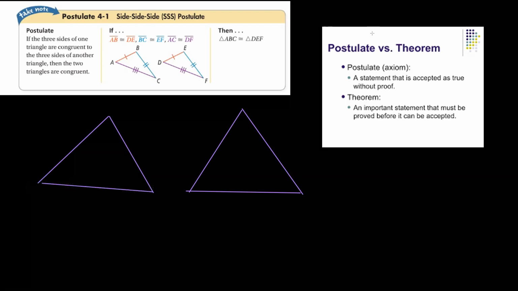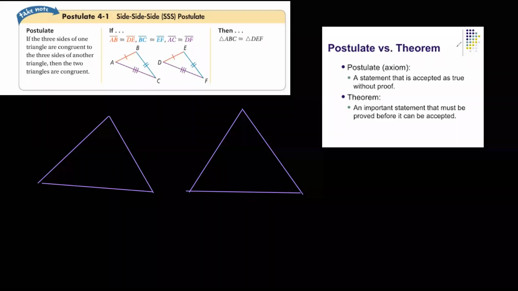For these two triangles, as you see, it tells me, if the three sides of the triangles are congruent, what does it mean? If you have here A, B, C, D, E, F.